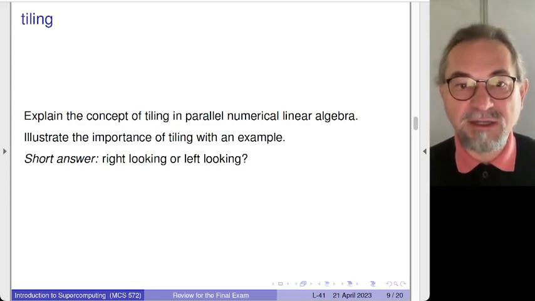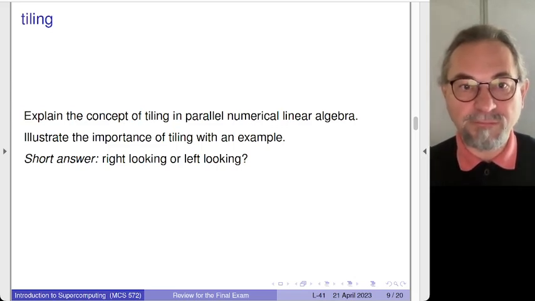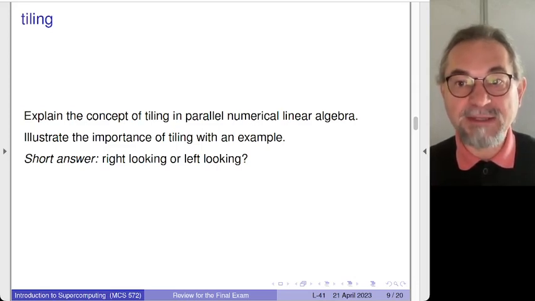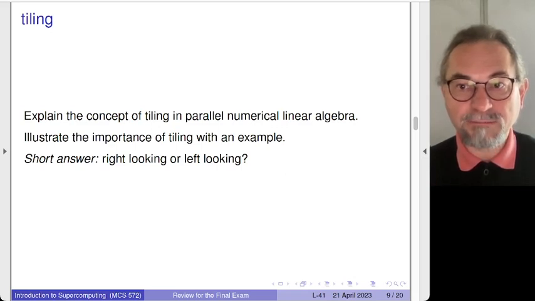So we have seen the right-looking algorithm. In some sense, the other importance of tiling is that you can reformulate your row reduction of a big matrix.